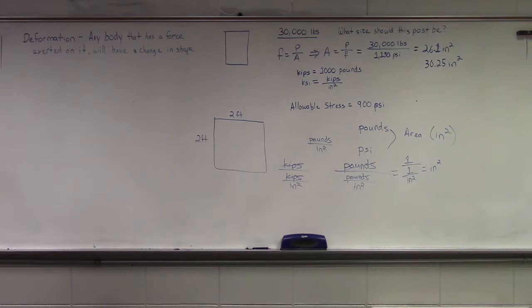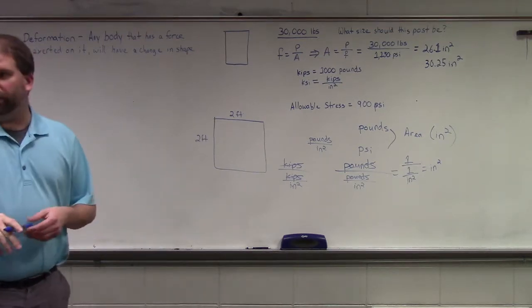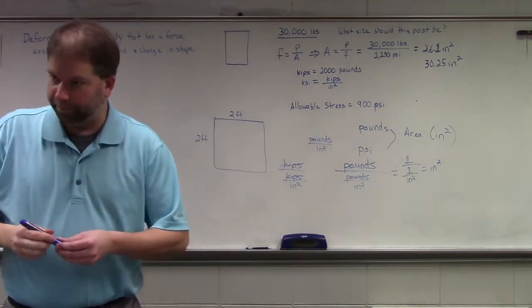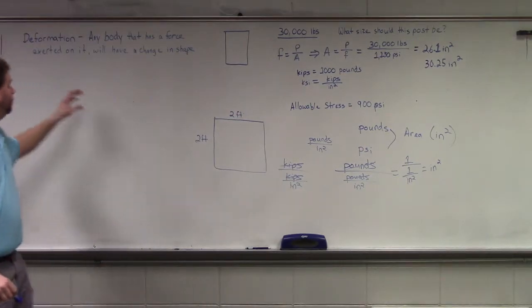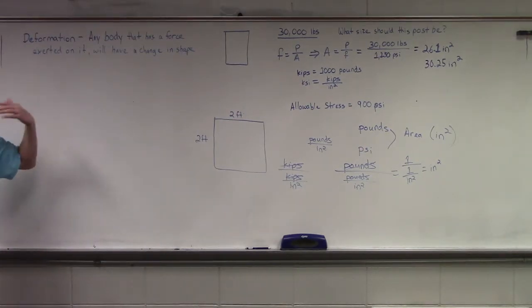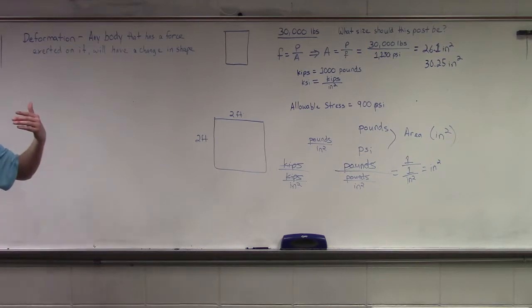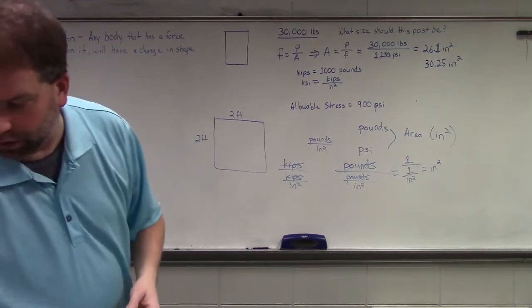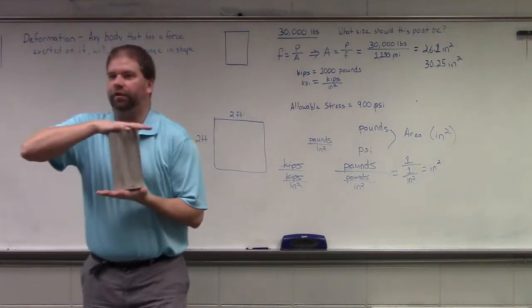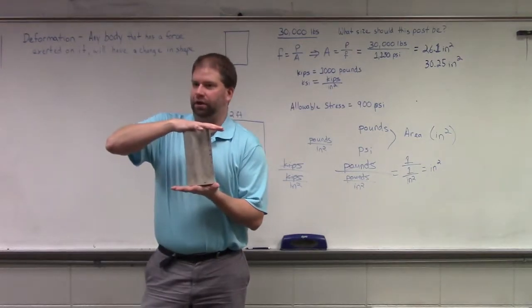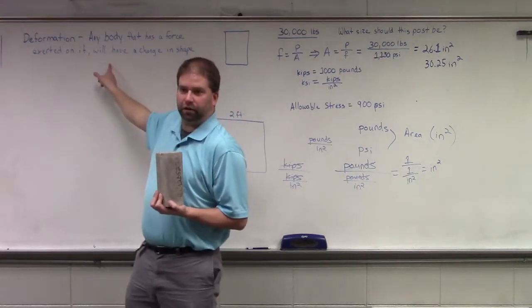This chapter deals only with axial forces, so the deformations that we're going to deal with are linear deformations. What does that mean? As we compress a concrete cylinder, what is happening to it when we're thinking about deformations?